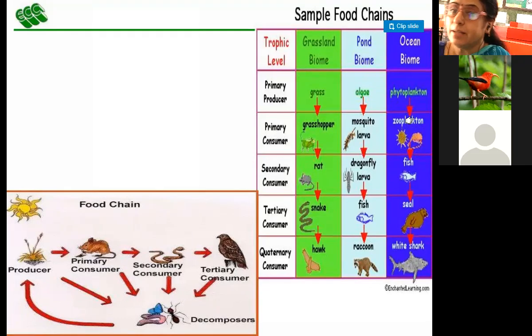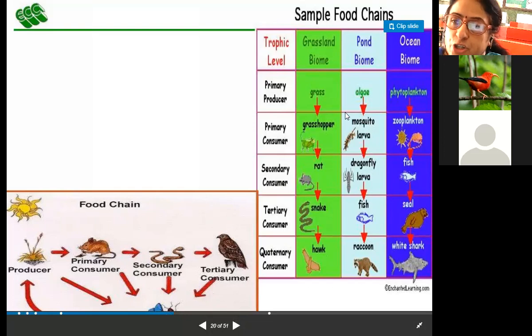They said that in order to fulfill the demand of energy, this mosquito larva or grasshopper has to consume more and more plants to survive, because the available energy is very less.